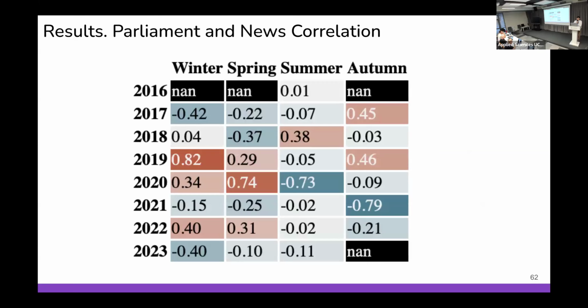So as we can see here, this is the result of the correlation. Mostly we found strong and high correlation just in winter 2019 and spring 2020.